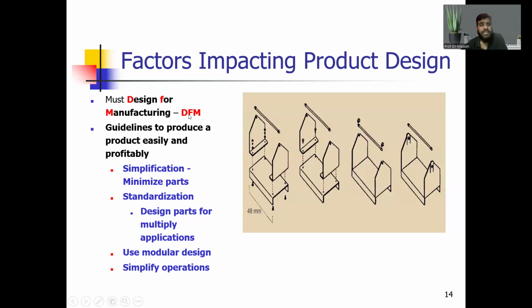The operation strategy includes design for manufacturing, the standardization process, simplification of the production system, modular design. Modular design means this is one module, that is another module. For example, in garments manufacturing, one is the cutting module, another is the sewing module, another is the finishing module.